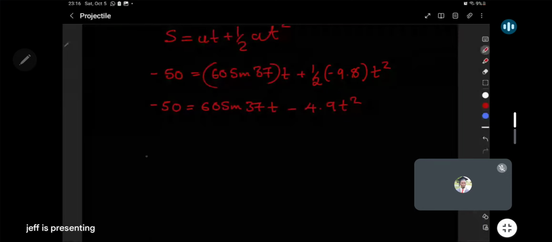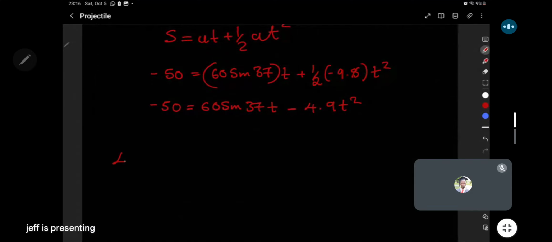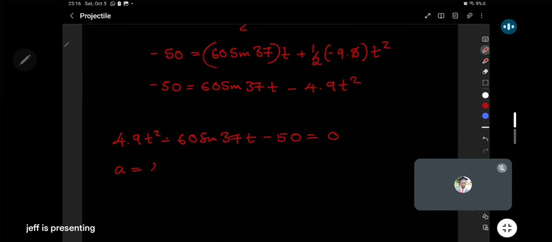From here, of course, move everything to the left side. 4.9 t squared minus 60 sine 37 t, then minus 50 equals 0. We see that A is 4.9, B is negative 60 sine 37, and C is equal to negative 50.